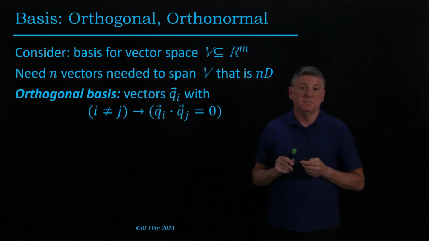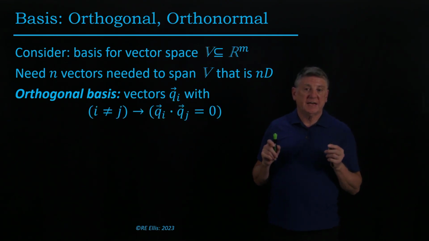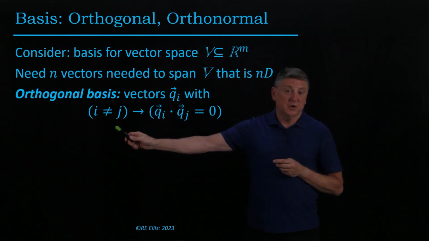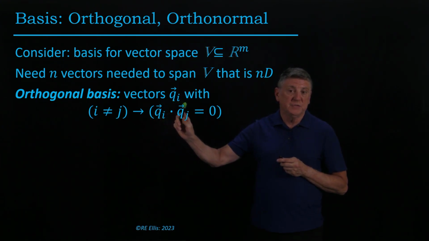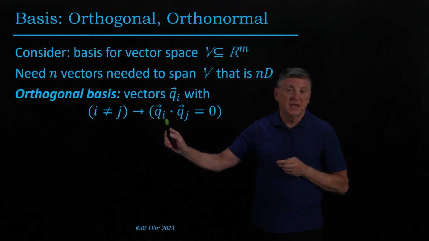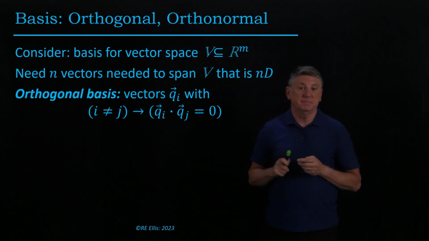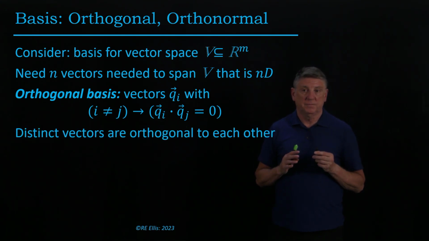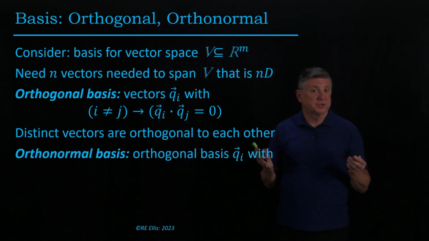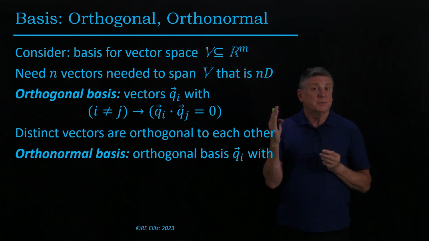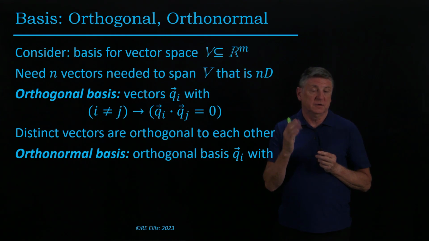So it's a set of basis vectors such that if i is not equal to j, that is, if we have 2 distinct basis vectors, then they are orthogonal. So the dot product of 2 distinct basis vectors has to be 0. This is just saying that each one of these vectors has to be orthogonal to all the other vectors in the basis.